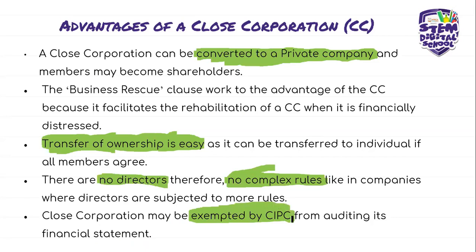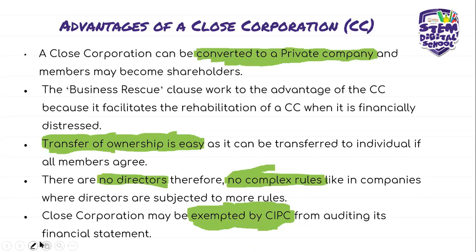I almost shouted the answer, but I'm giving you homework. Tomorrow, first thing in the morning, I'm going to ask about CIPC. What does it mean when they say you are exempted by CIPC from auditing its financial statements? So please find out about CIPC. You can Google, just let me know, and what does it stand for also, because that's an acronym, basically, boys and girls.